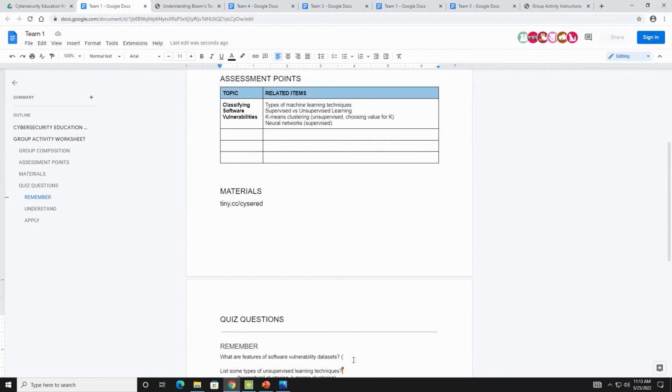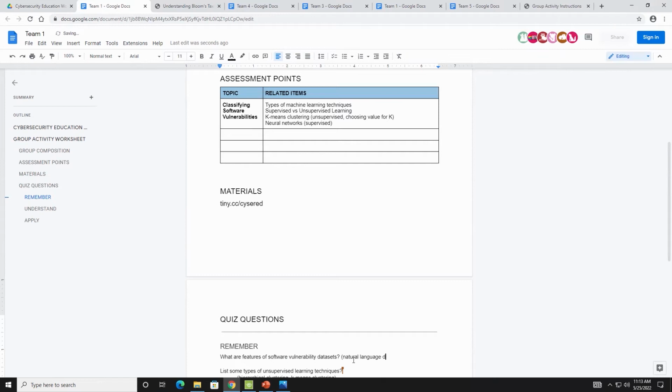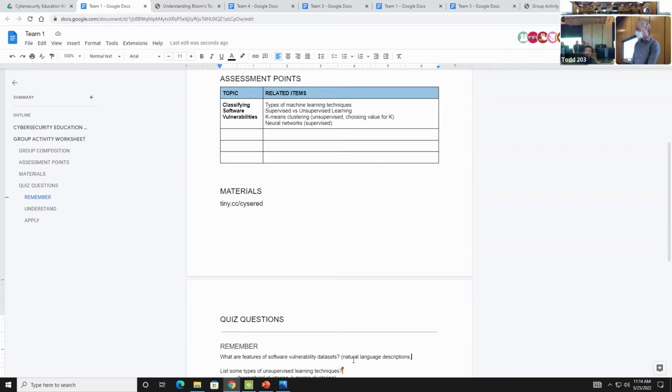Description. So one, they're natural language descriptions in most of them. That's an important thing to understand. It's not a well-regimented, categorized data set. What are some of the natural language descriptions?